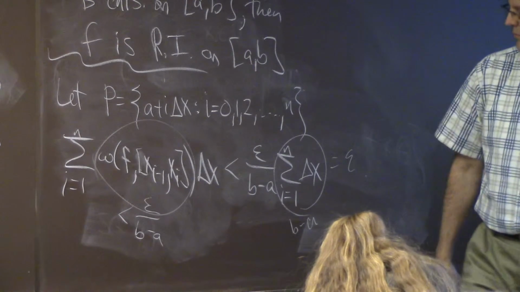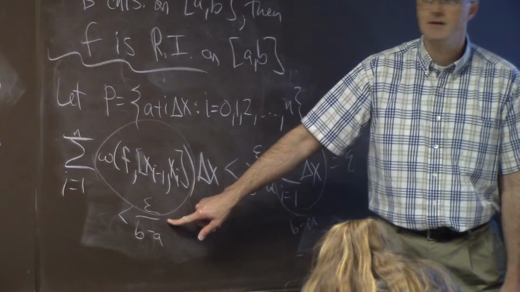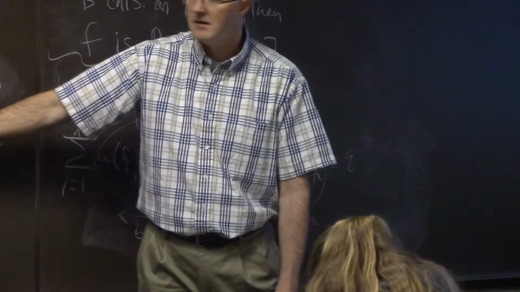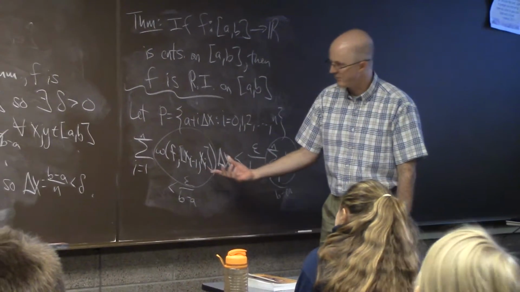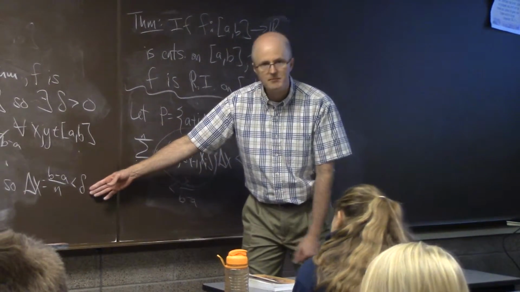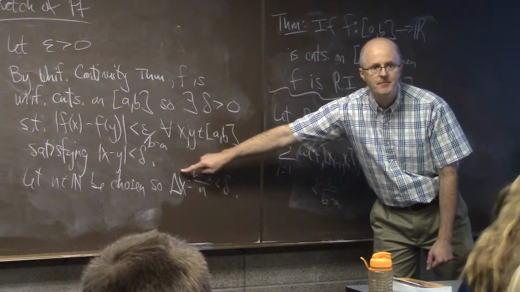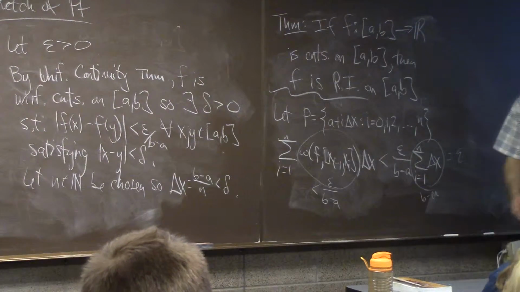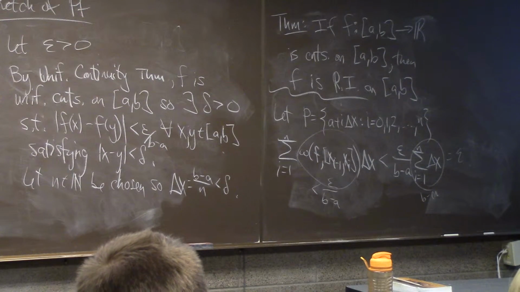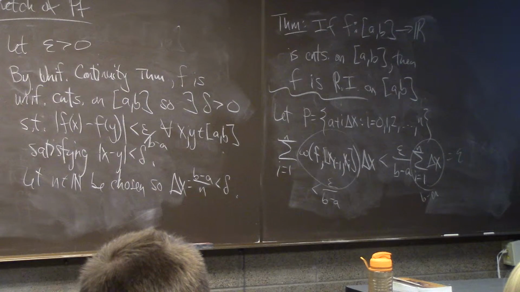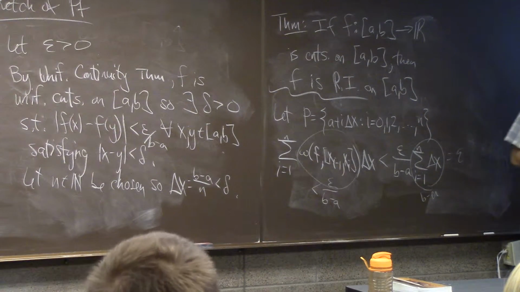So it takes a little bit of work to show this is less than epsilon over b minus a by this fact here. Definitely these points, the points in the interval, are within delta of each other because of how you chose that delta x. So this is almost a full proof. But because of that, I'm calling it a sketch.